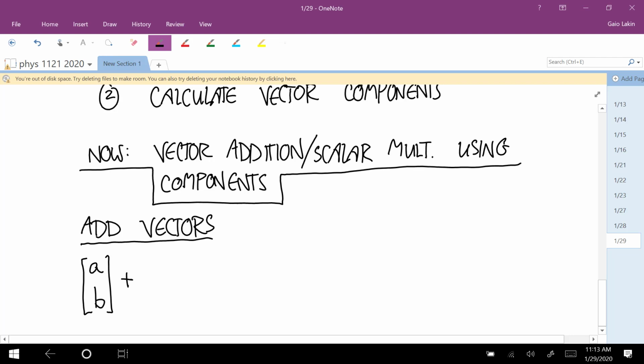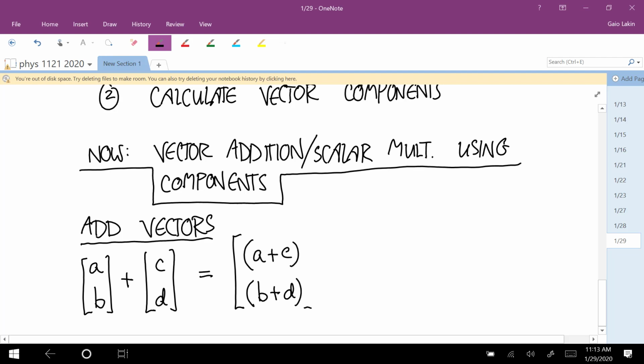And you're adding it to a vector with components CD. And we want to know the components of the sum of those vectors, the resultant vector. And the answer is you just add up the x components, and that's your new x component of the resultant vector, and add up the y components, and that's the y component of your resultant vector. And you're done. And that simple way of doing component addition means the same thing as that physical meaning of vector addition that I told you about last time.